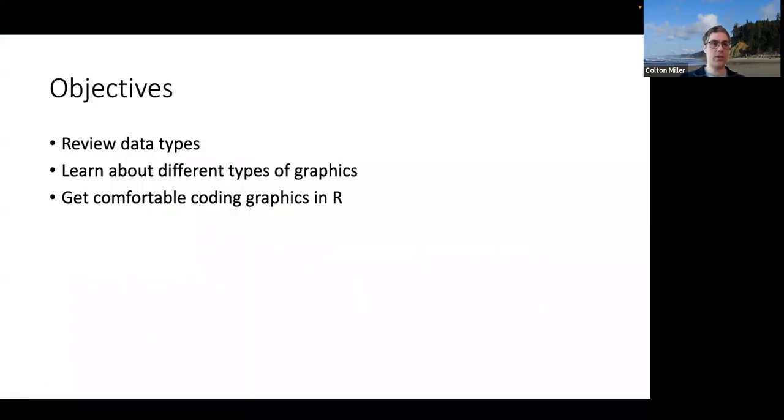So we'll just start with a quick review of data types, because I think that's a nice concept to get some review of overall. We'll look at how the different types of graphs that we can produce tie into those data types. And then moving into the exercise, we'll really look towards getting comfortable coding these graphics up in R.